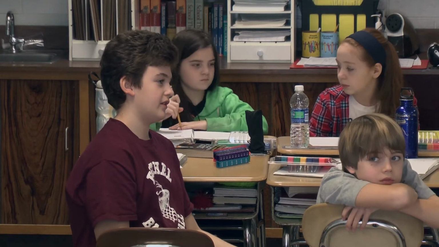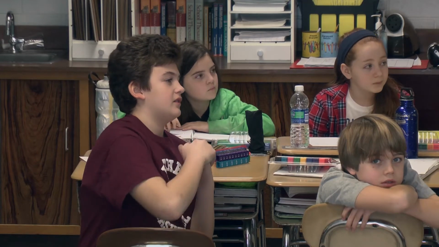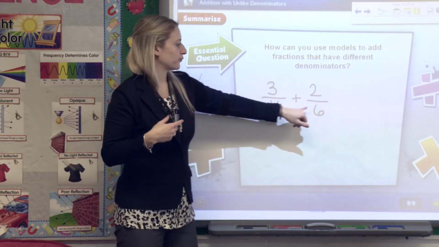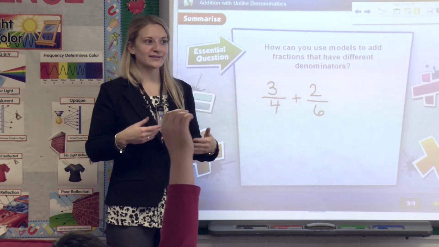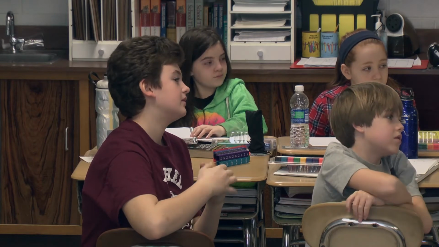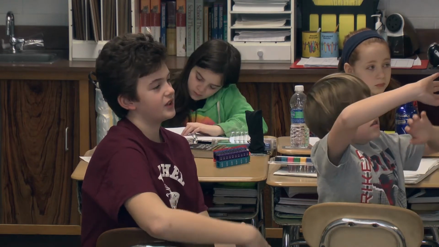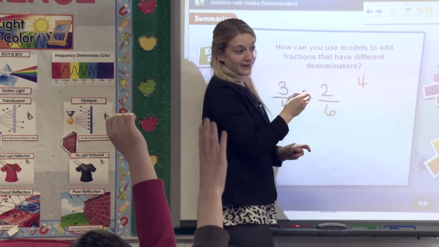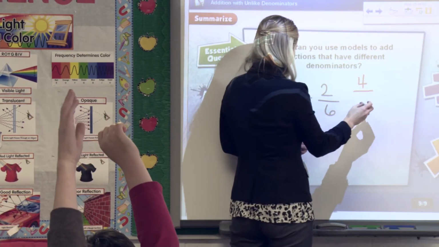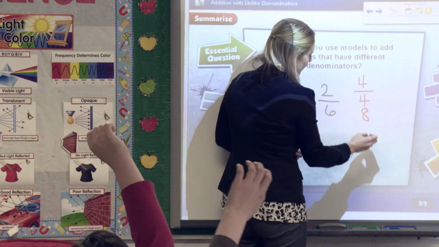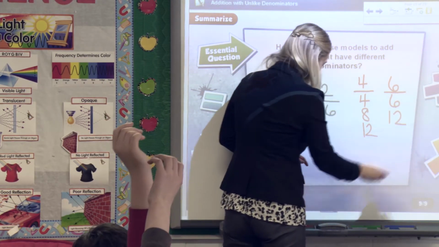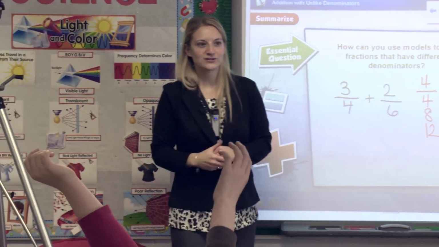What are you doing when you're thinking of 12 or 24? What are those for 4 and 6? You're going to make them common denominators, but if I think of the number 4, 8, 12, and if I think of the number 6, 12, what am I doing?